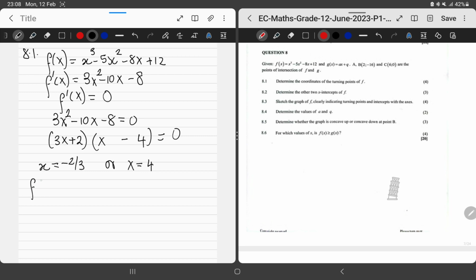Now I'm just going to substitute the values of x for the turning points into the mother function.